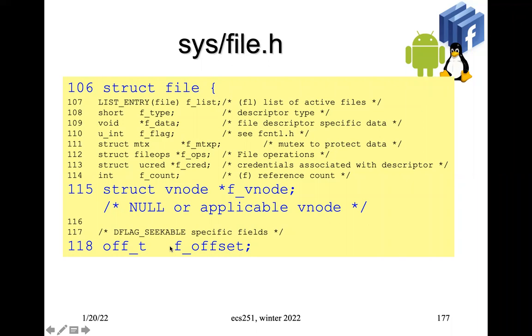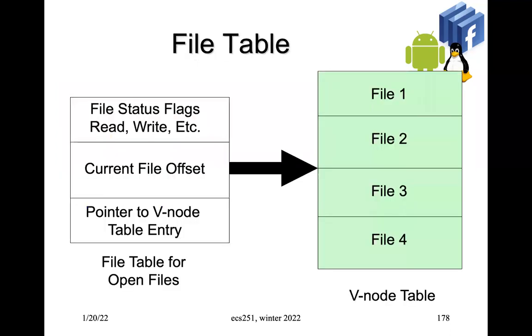Every active open file has a struct file and then has an offset. That's number one. But the other thing that is very important is that it has a vNode. Now you see that from the application process to file descriptor to file, now you go to the file's vNode structure. That's why we have this structure: you have the file table with the offset, and now you can access the vNode table.